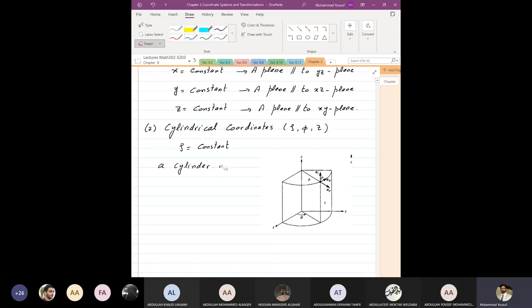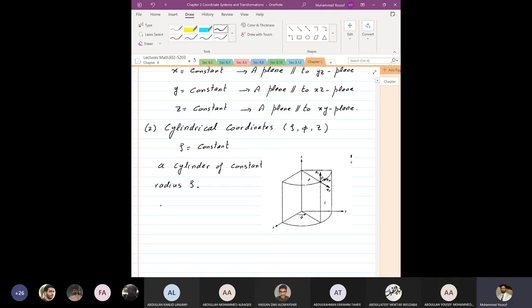A cylinder of constant radius, let me write rho. Since rho is constant, it will be a cylinder. Is it okay, Shabab? Clear? Yes, Doctor. A circular cylinder.